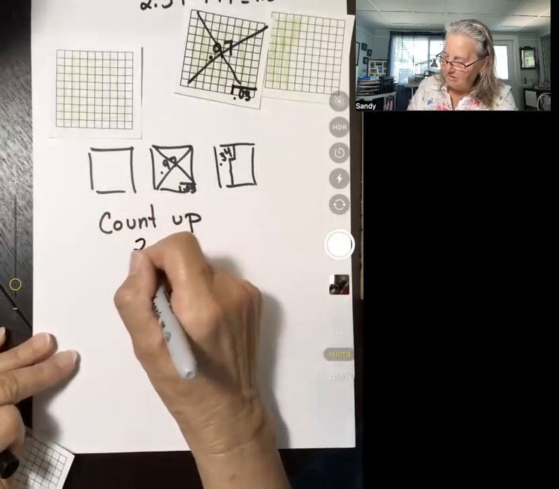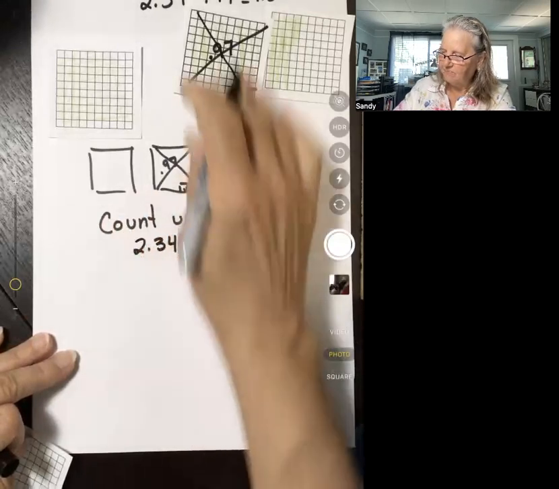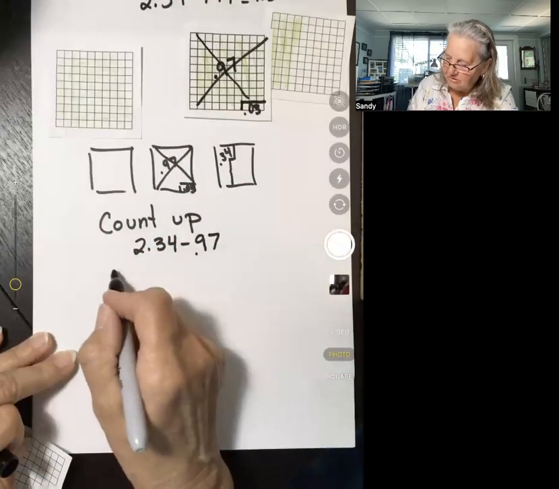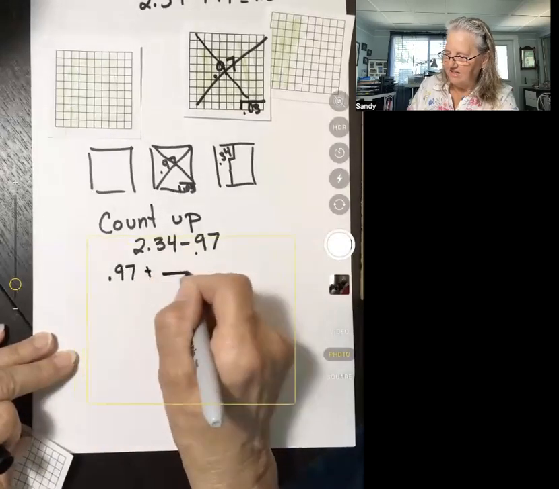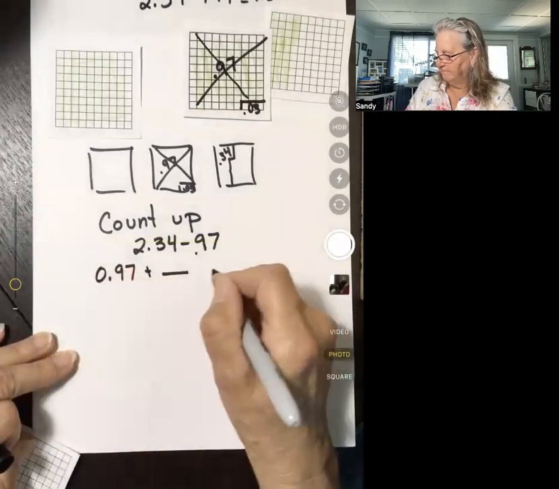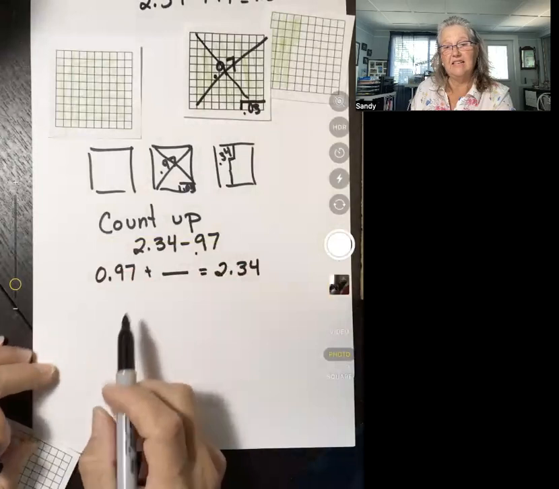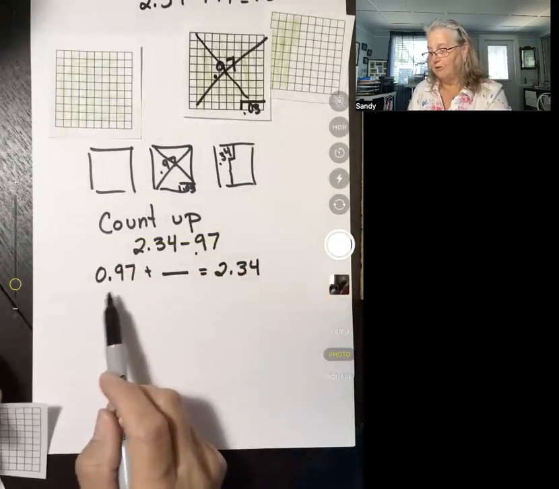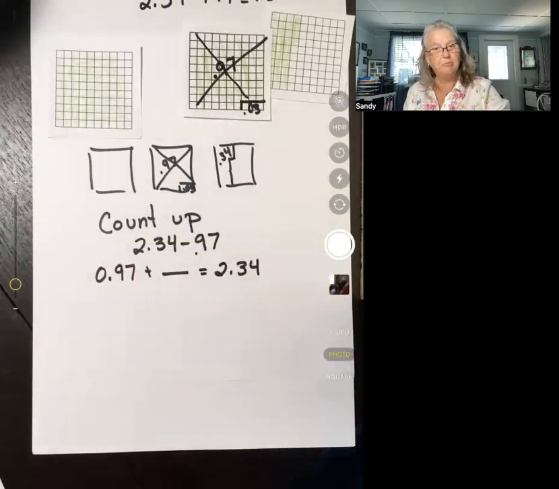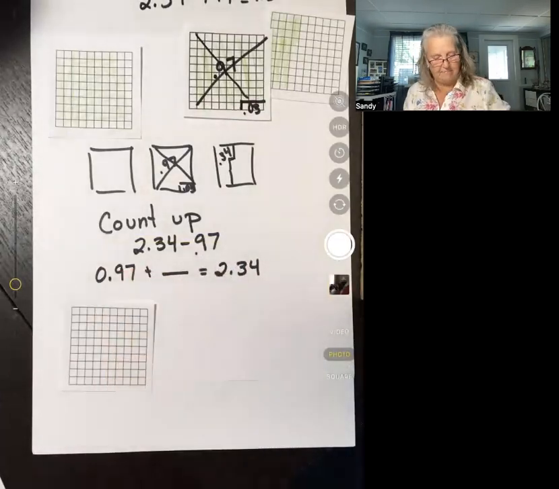So I'm going to connect this starting problem to think addition. How many more than 9700ths is 2 and 3400ths? Now, again, it's important for your children to know, not required. It might be helpful for us to notice that decimal point, but not required.